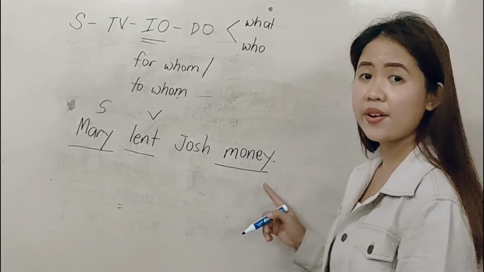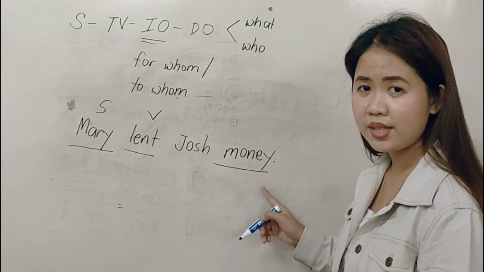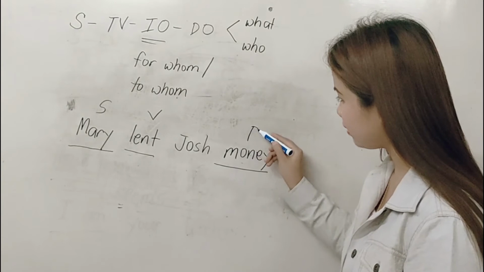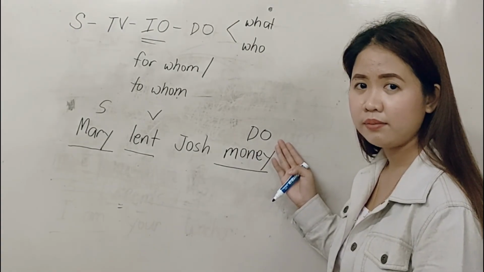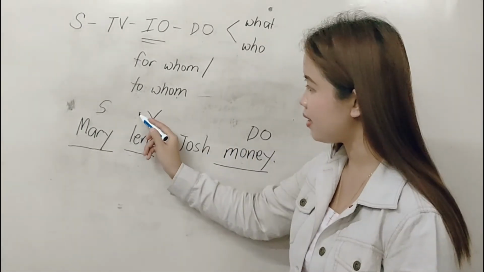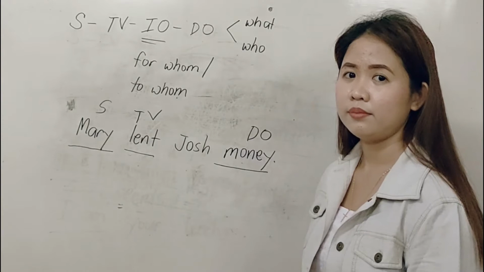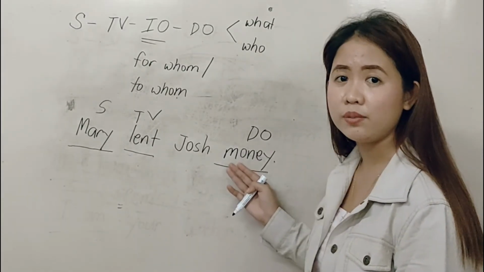This is answerable by a what question. This word is considered a direct object. If we have a direct object in the sentence, we can now name this verb as a transitive verb. Mary lent money kanino?